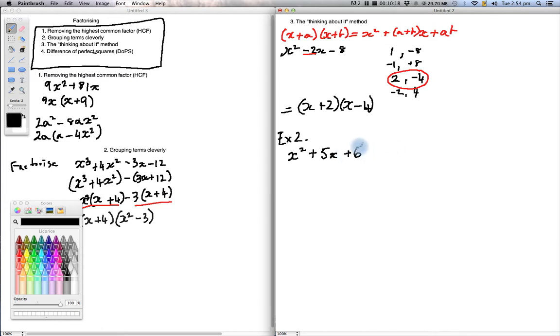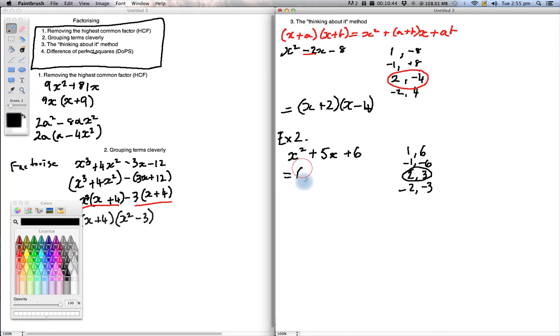So look at the plus 6, things that make plus 6 could be 1, 6, could be minus 1, minus 6, could be 2, 3, or it could be minus 2, minus 3. Okay, so now we look at the plus 5. So when we add these together, which one gives a plus 5? Obviously, it's this one here, the positive one, 2 and 3.